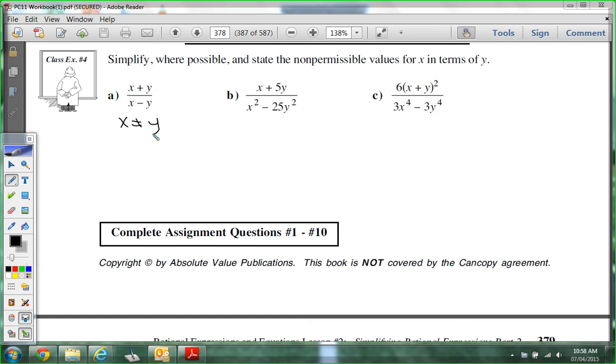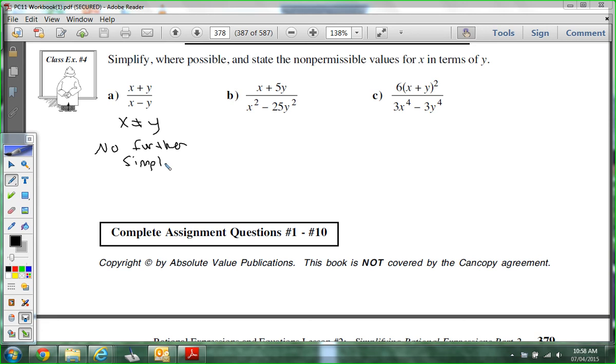Well, you divide by a negative if everything is opposite. The y's are opposite, but the x's aren't. So we can't do anything. So this one is no further simplification. Because to take a negative out, I'm glad you guys thought of that. That means you're learning. But remember, it has to be completely the opposite.